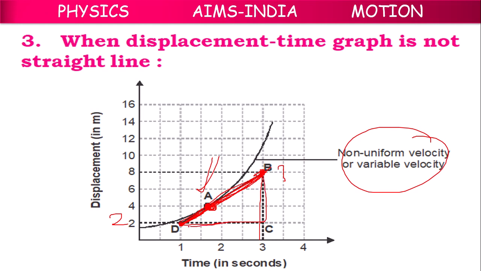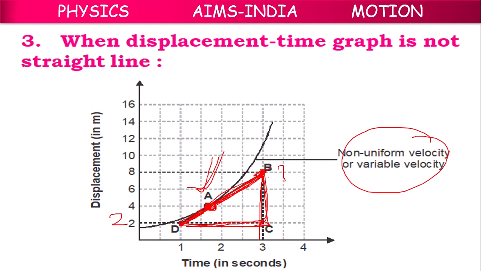If we frame a triangle with the help of the tangent and these two points B and D, and extend the lines, they join at C, and we will get a triangle.